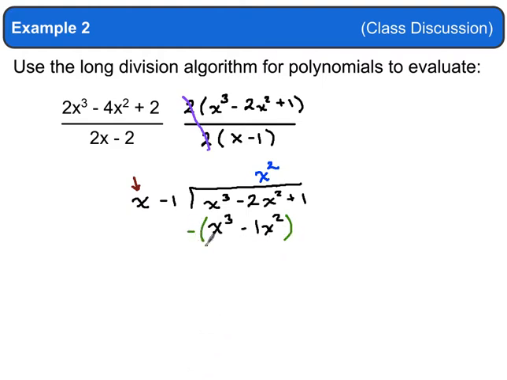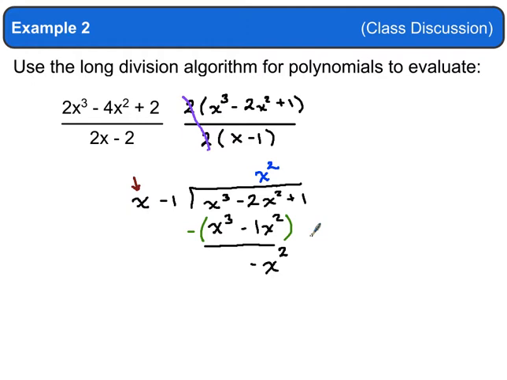We draw a line, and then we're going to subtract. x to the third minus x to the third cancels out. Negative 2x squared minus negative 1x squared is going to be negative x squared when you do that.